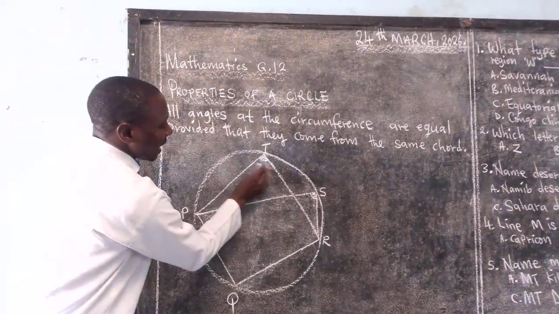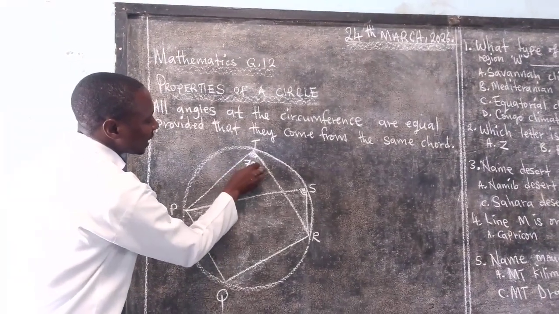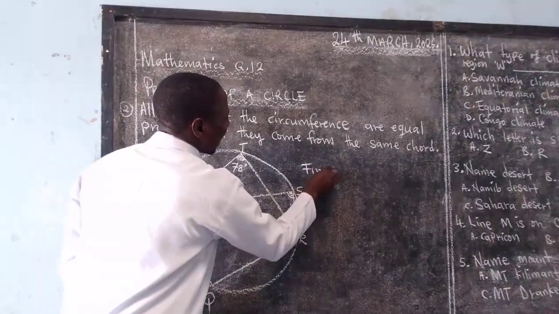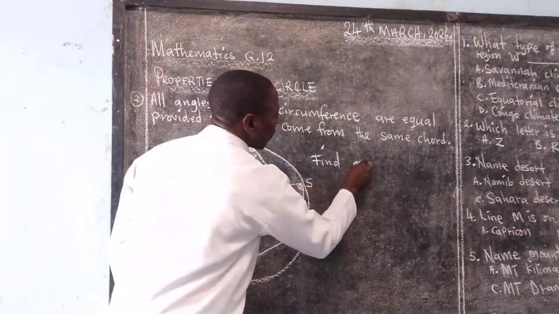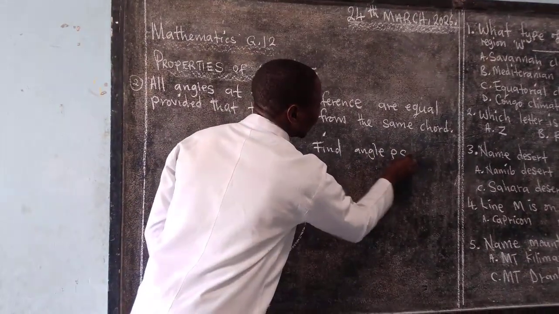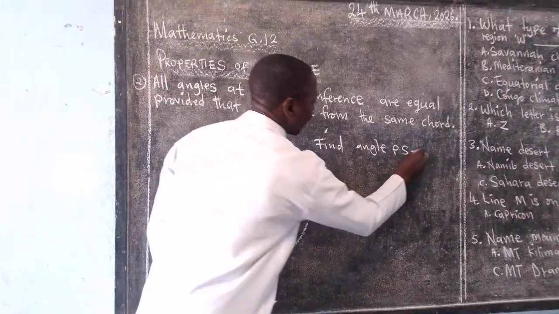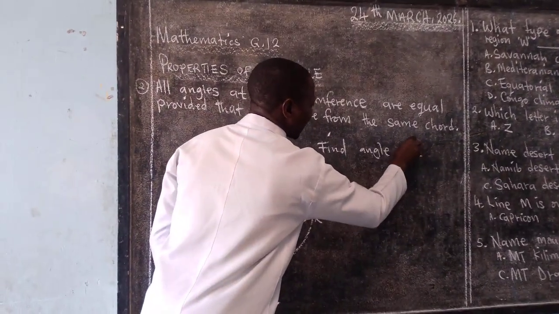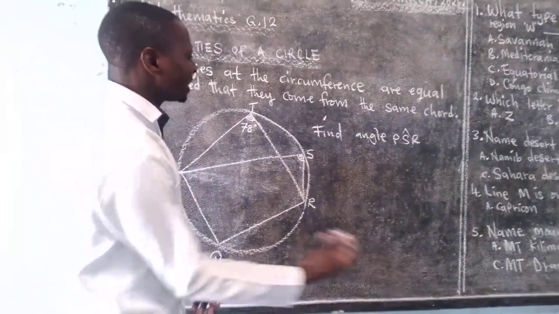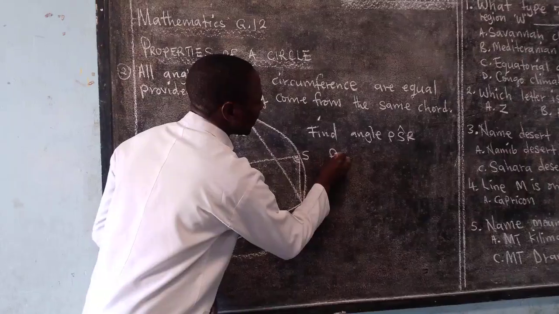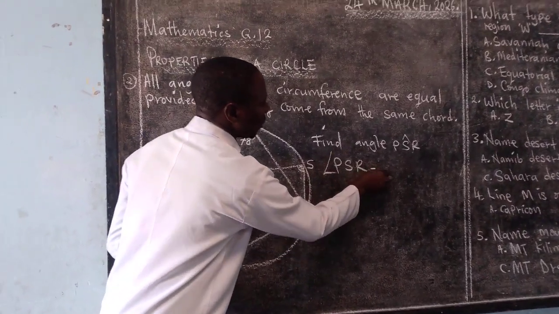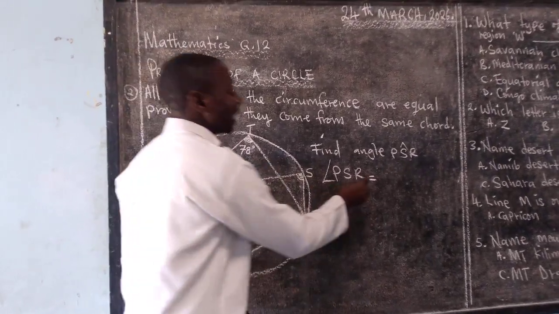If here they have given you 78 degrees, then they ask you to find angle PSR, don't even panic. Say angle PSR is equal to 78 degrees.